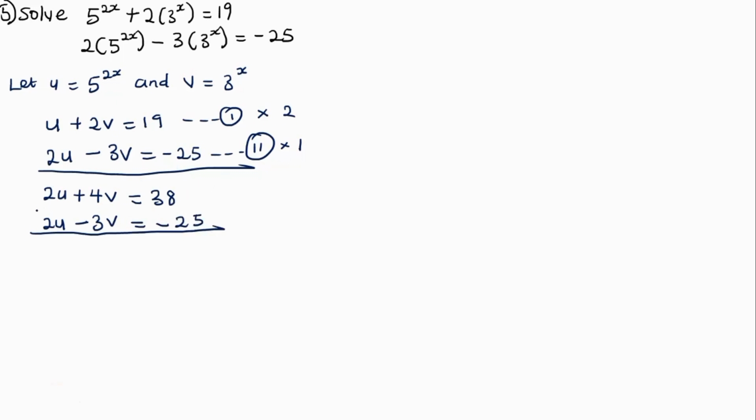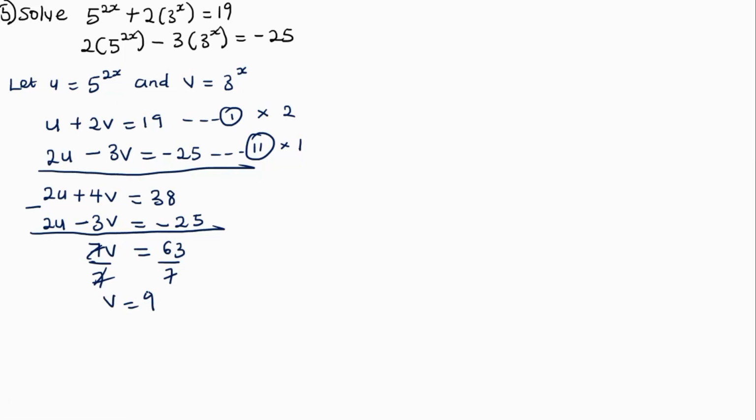So subtracting both equations, 2u minus 2u is going to give us 0. Now plus 4v minus 3v is going to give us 7v is equal to 38 minus 25, which is going to give us 63. Now dividing both sides by 7, v is equal to 9.